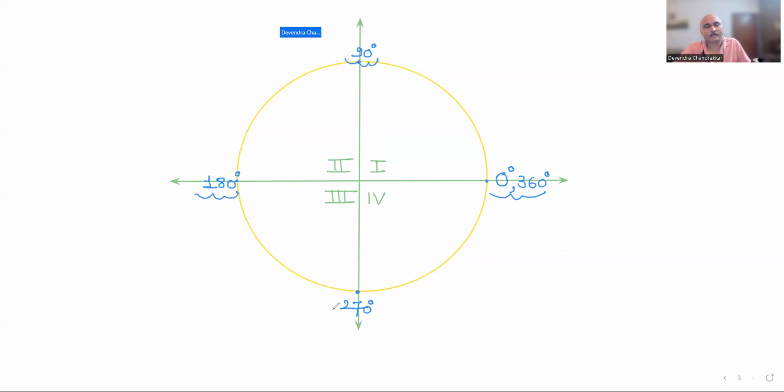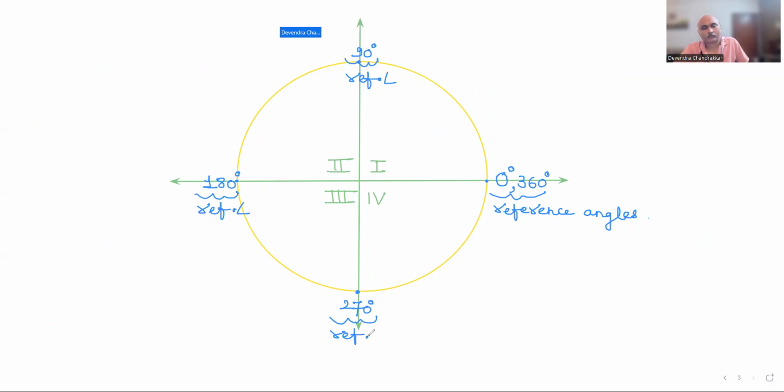The third starts at 180, ends at 270. And the fourth starts at 270, ends at 360. Since these angles mark the start or end of a quadrant, they are called reference angles.